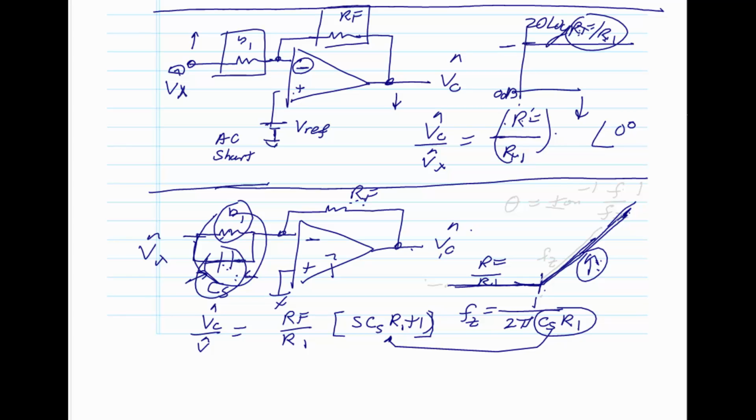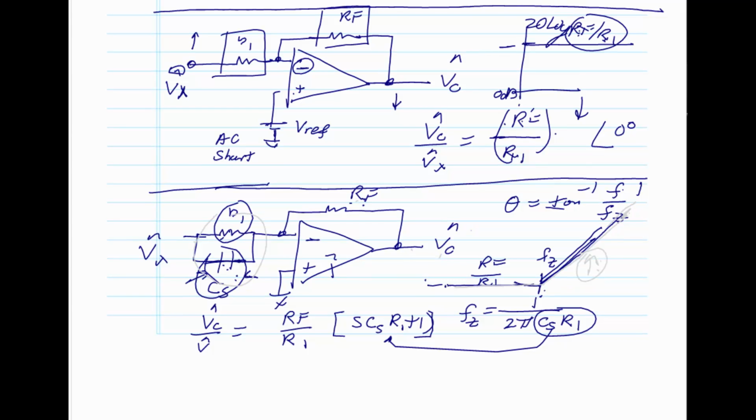Now your phase, since this moves up, is going to be plus, and it's the arctangent of F over F0, where we call this frequency the 0. You're going to see it starts off at 0 degrees at very low frequency and goes up to plus 90 degrees when F is much greater than Fz.